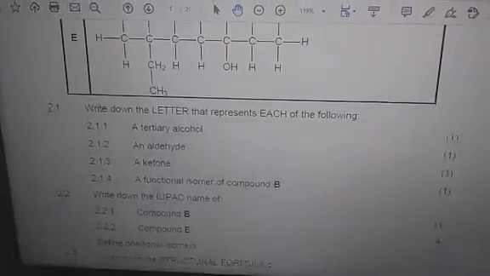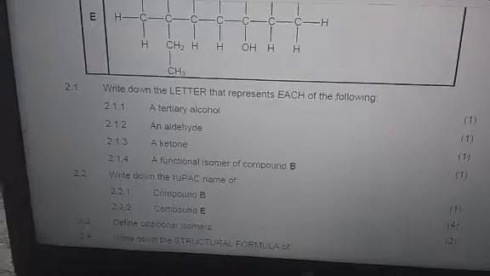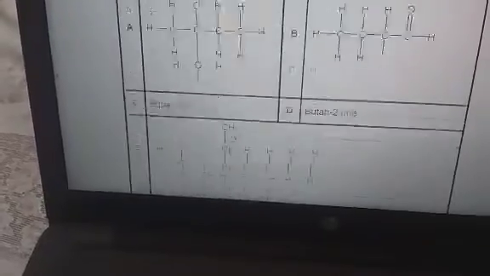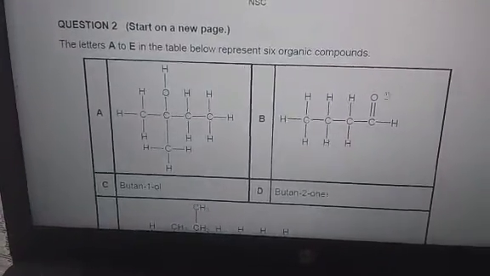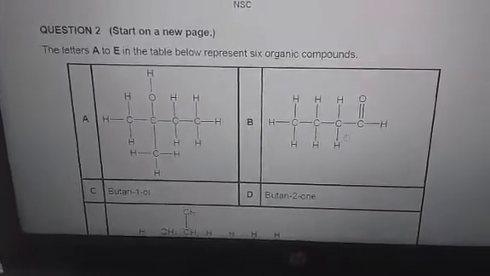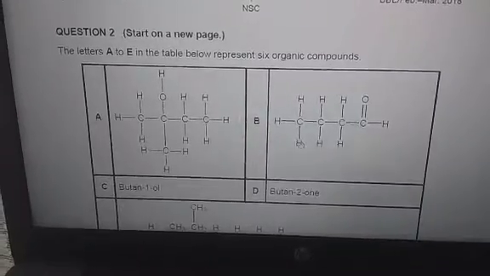It's B. Okay. Write down the IUPAC name of the following. As I said, compound B. Where is B? Okay. I forgot what to name this one.